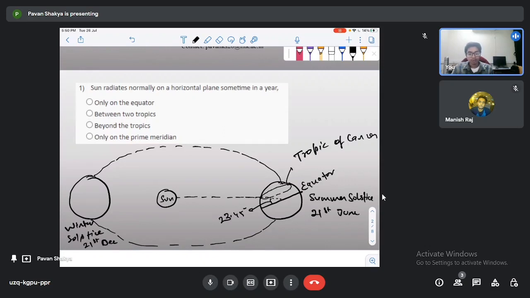Similarly, if we see that this one is the equator plane for this earth, and the sun rays fall at this tilt angle, then this cross-sectional area is called Tropic of Capricorn.